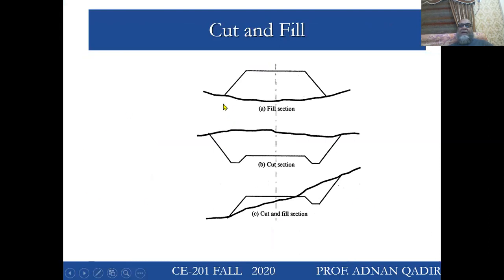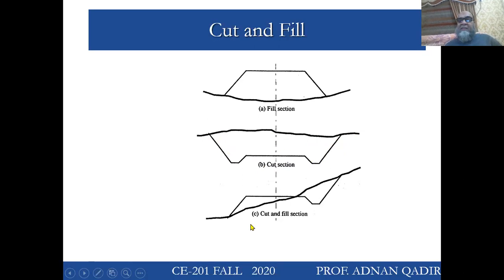Again, if this is my ground level and my pavement structure is at a higher level, we call this a fill section. If my structure is at a lower level, below my ground, we call that a cut section. By cut section, I mean that all this material below the ground level has to be removed to make a structure.